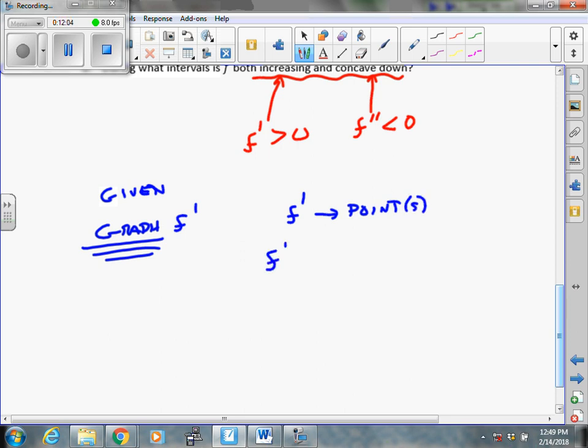If I'm looking for the double derivative, that implies I'm looking at the slope on the graph of the derivative. So this is the graph of the derivative, so I'm looking for slopes there. Okay, that is your flashcard recall for the whole test.